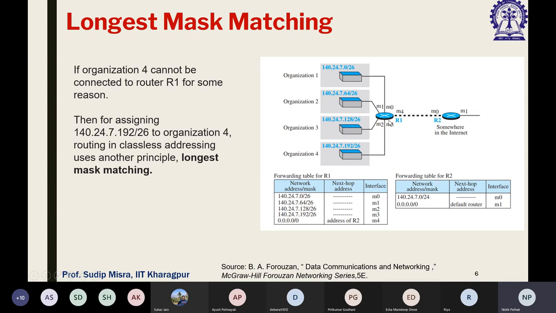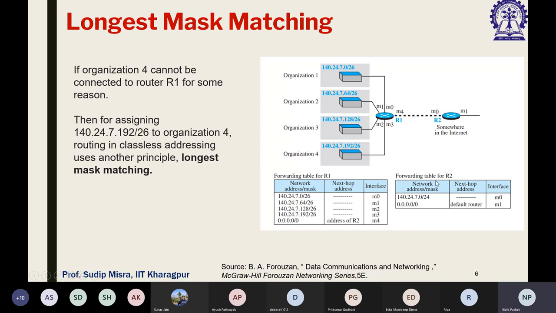If you look at the routing table for R1 and the same for R2, the routing table for R1 is going to have these different network addresses corresponding to these different organizations, or departments, or units of the organization. The same goes for the routing table for R2. How many interfaces are there? Two interfaces, right? So the routing table for R2 is also like this.